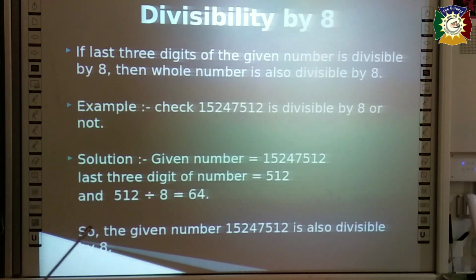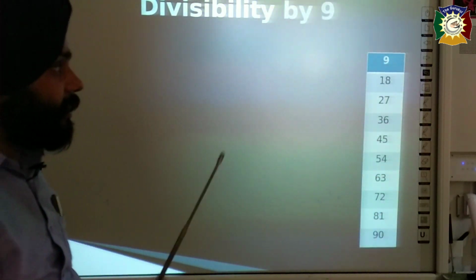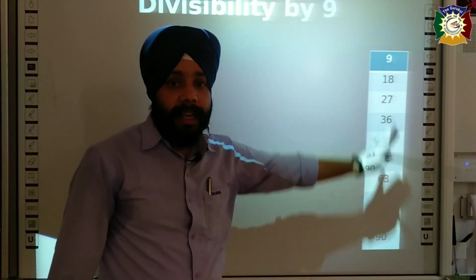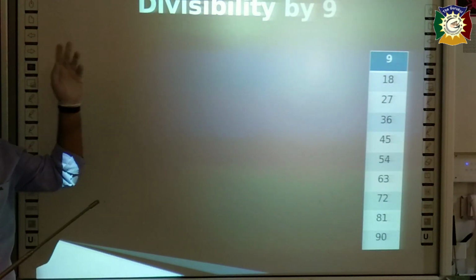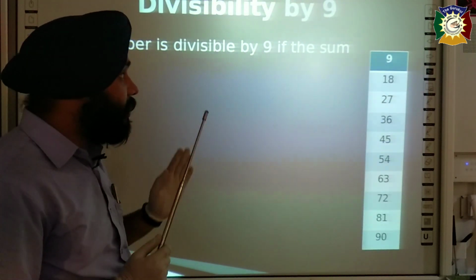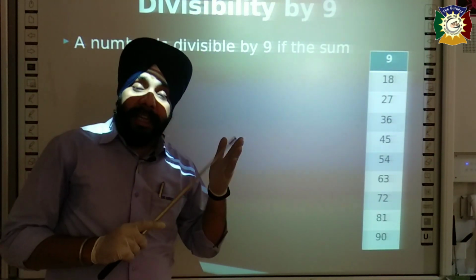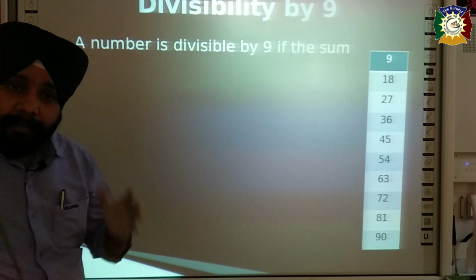It's a very simple method. Now after that, divisibility by 9. Look at the table of 9. Before starting this divisibility rule of 9, just remember again the divisibility rule of 3. In the divisibility rule of 3, we found that if the sum of the digits is 3, 6 or 9, then that number is also divisible by 3.